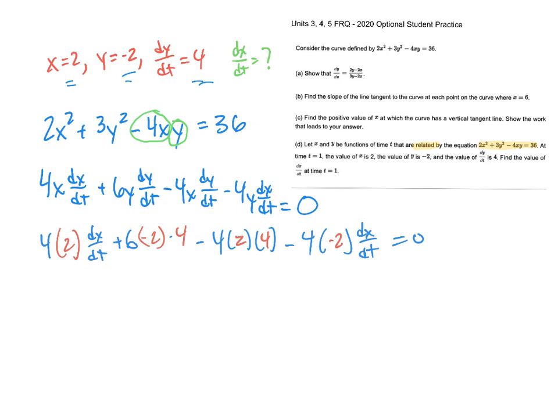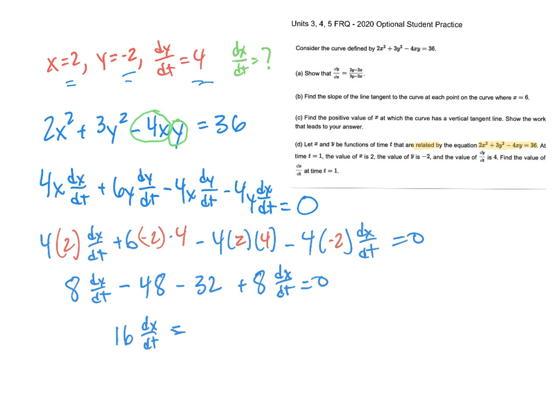Okay, I'm going to simplify first, and then I'll combine like terms. So this is 8 dx dt minus 48 minus 32 plus 8 dx dt. So I end up with 16 dx dt equals, what is that, 80?